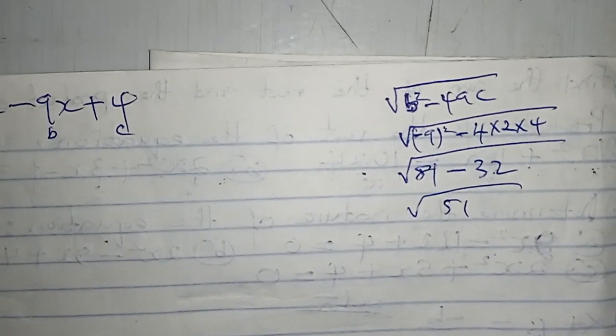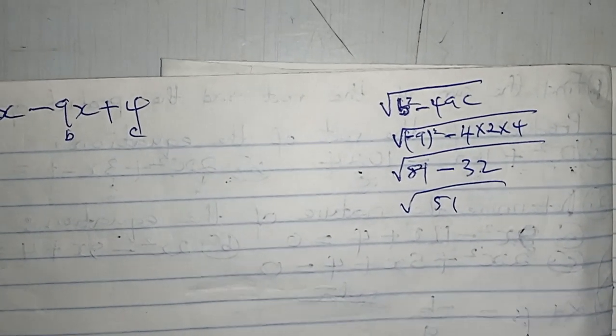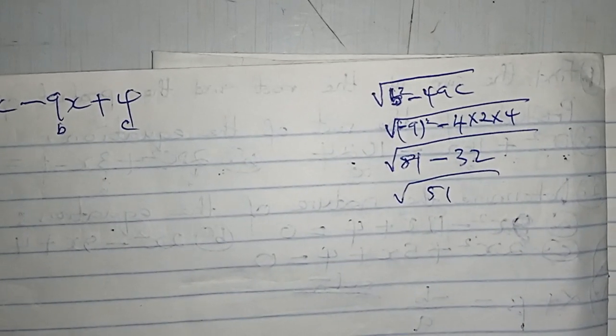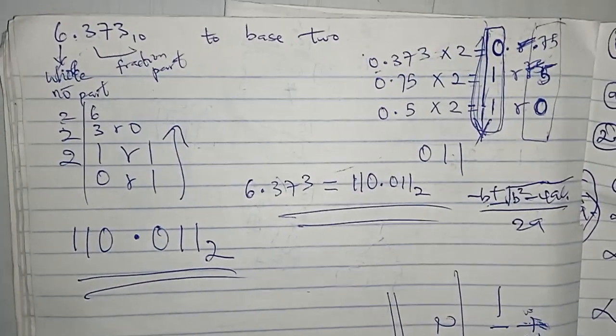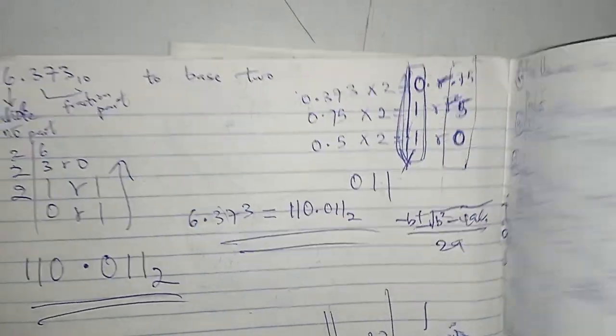Then I have 9 times, so I have 4 times 2 times 4, 32. 2x minus 9x plus 1.